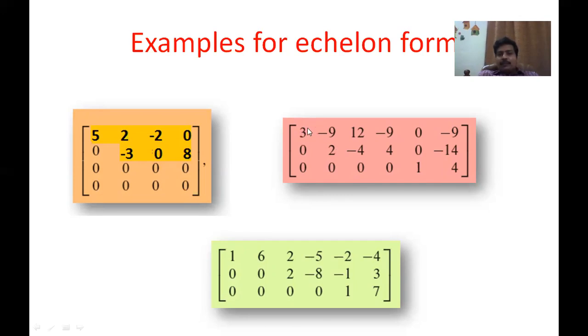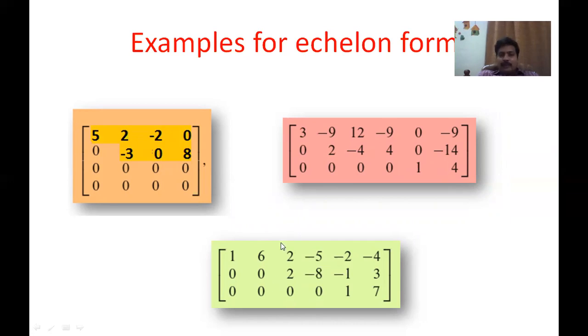This should be 1. And here it is 1. But there should not be other entries in this column. These two must be zeros. And this should be 1. This should be 0. So that it is in reduced echelon form.